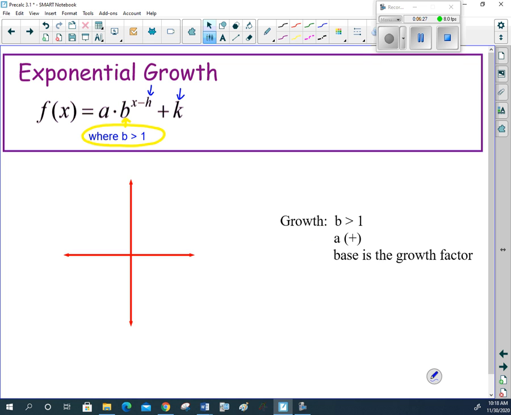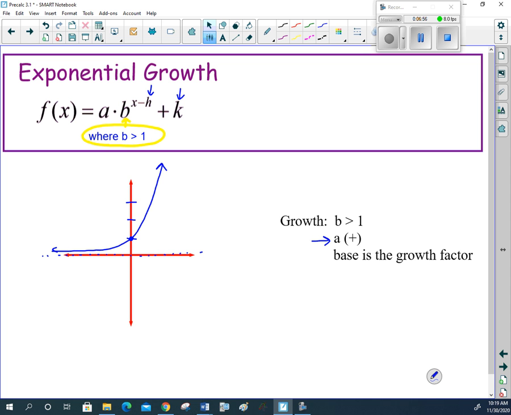Okay, so if you were going to graph the generic growth function, your initial value is 1. So you cross your y-intercept at 1, and you have a horizontal asymptote. The x-axis is the horizontal asymptote. And so your growth function looks like this. As you move left to right, it's increasing.